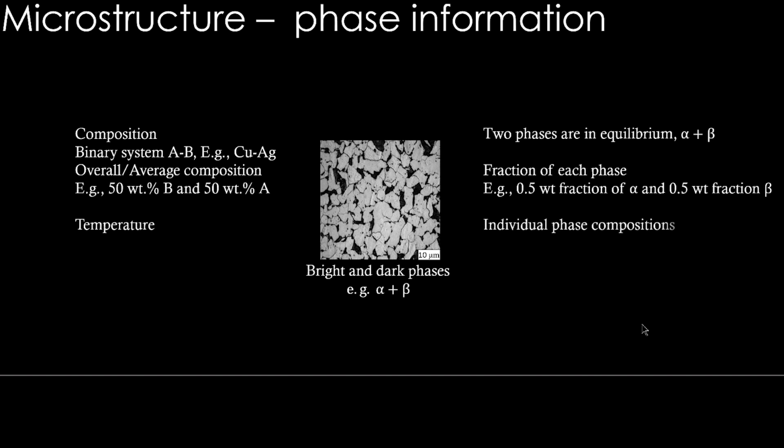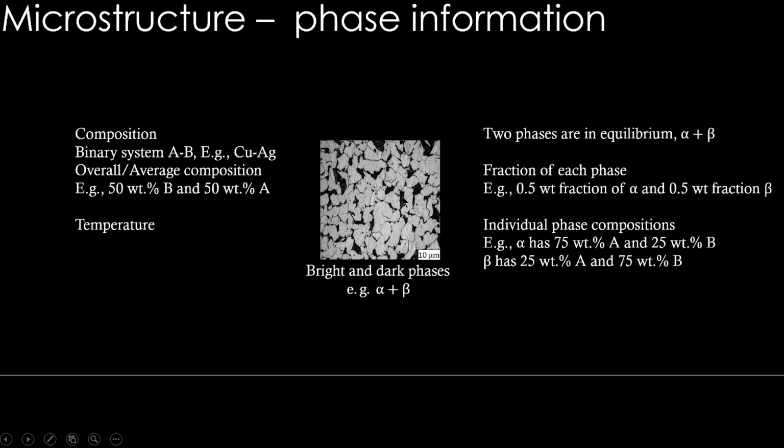Then individual phase compositions. Example, the alpha phase, the bright phase, may have 75% of A and 25% B, whereas the dark phase, the beta phase, has 25% of A and 75% of B. Okay, so these are individual phase compositions. So these are all the information that are relevant to the microstructure predominantly.